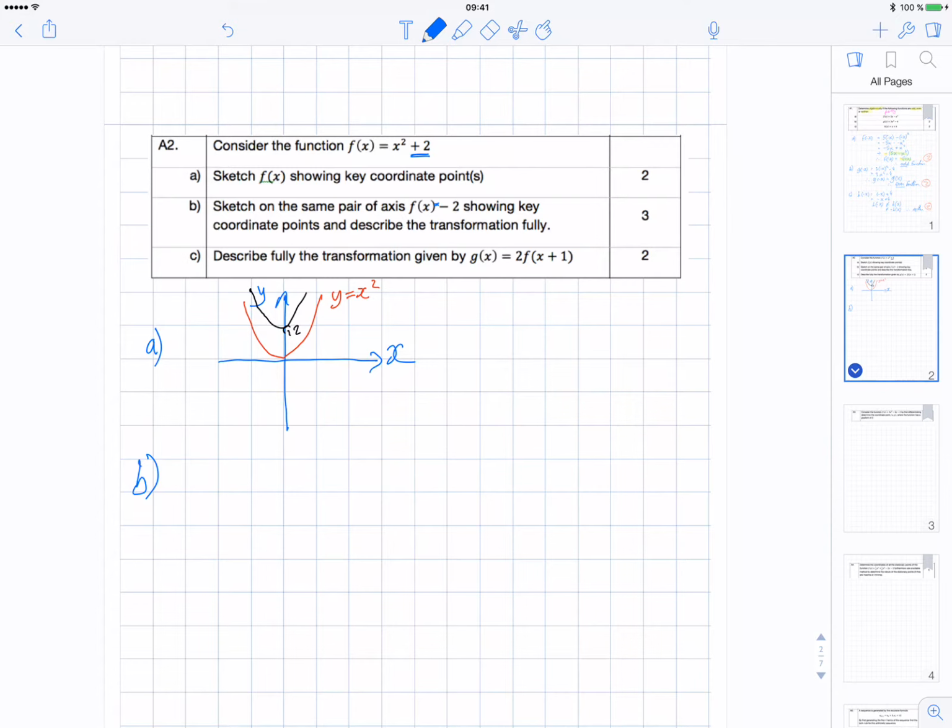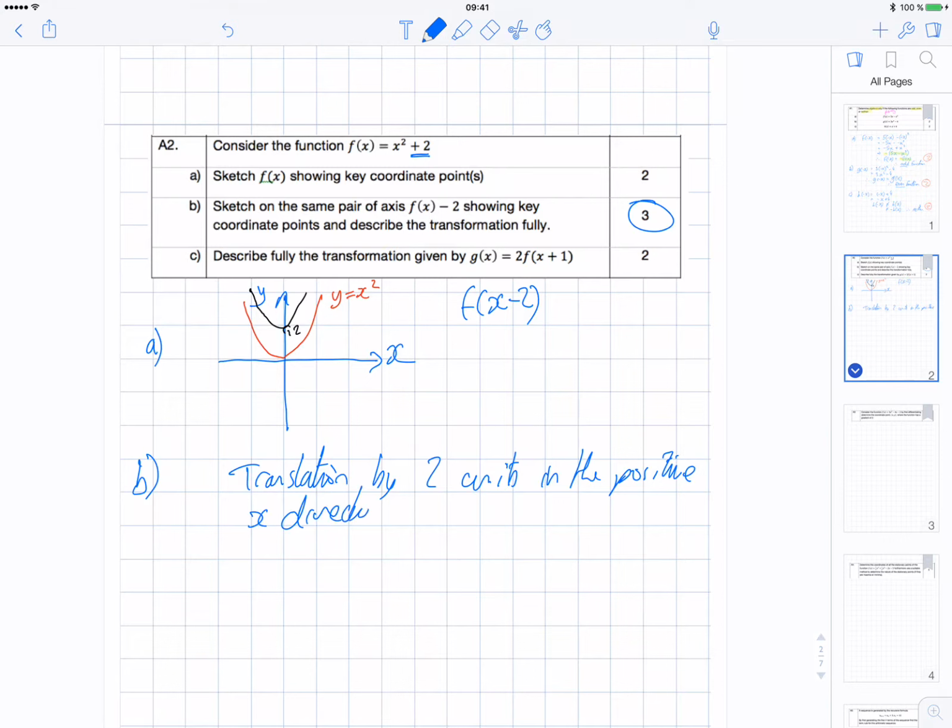That's actually, I'm going to have to give you a bit of credit for this question here. I was meant to write it like this. Now I'm going to be very, very generous to you on this one, okay? So it's meant to be a translation by 2 units in the positive x direction.